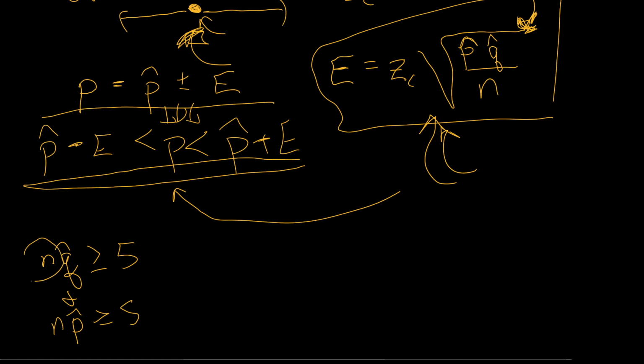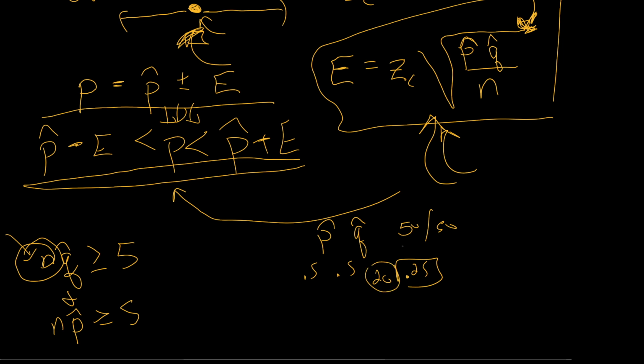And what you'll find is if p and q are near 50-50, it doesn't take a large n for this to happen. If p is 0.5 and q is 0.5, 0.5 times 0.5 is 0.25, and so you need an n of 20 for this to be true.